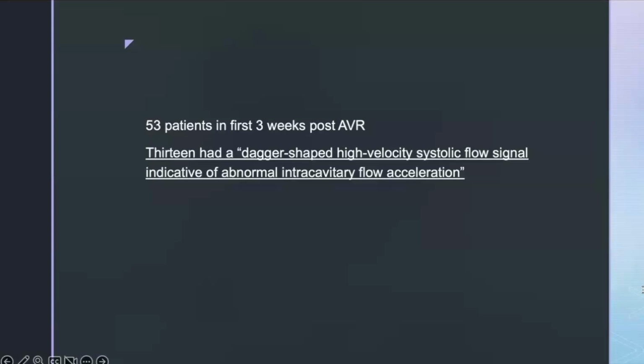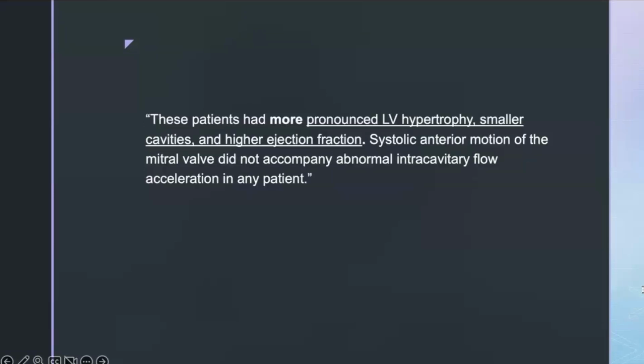And he picked this cohort because in the first 3 weeks, the patients could have incisional pain, which can increase sympathetic tone, increasing the hyperdynamic tonicity of the ventricle. Patients could have low hemoglobin, and then of course they could have hyperdynamic LVs post-AVR. So that was the reason for the 3 weeks follow-up.